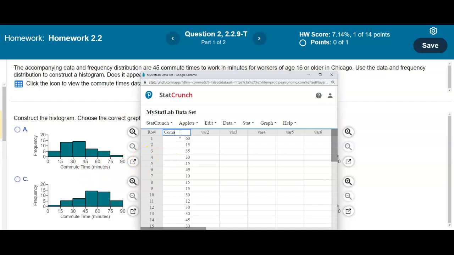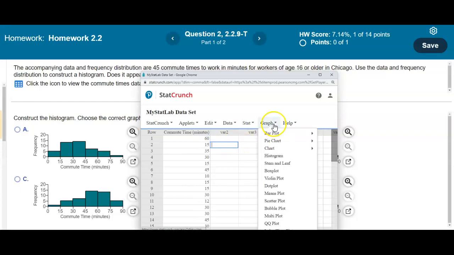So we're going to write commute times, and then in parentheses, minutes. You want to get in the habit of writing the title of the column so that when you do your project, you already know how to do that.